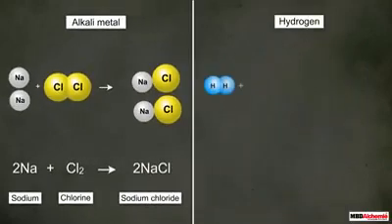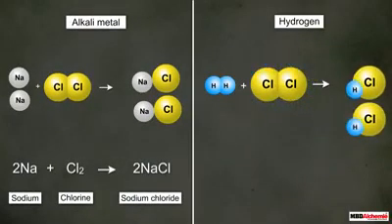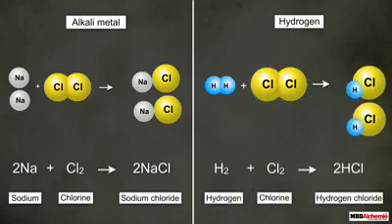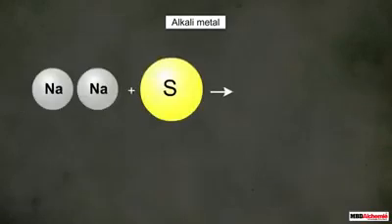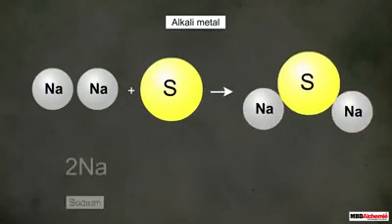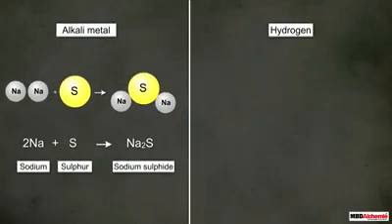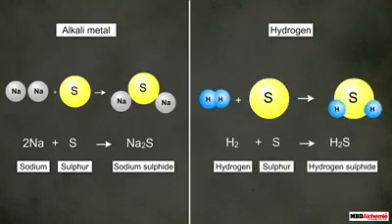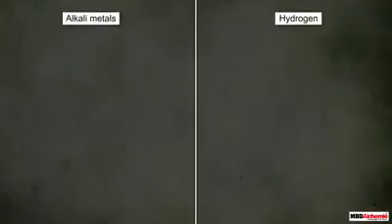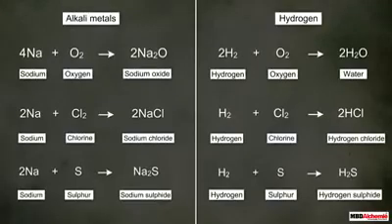Also, hydrogen combines with chlorine to form hydrogen chloride, that is hydrochloric acid. In a similar manner, with sulfur, an alkali metal forms its sulfide and hydrogen forms hydrogen sulfide. So, hydrogen shows a lot of similarities with alkali metals in its chemical properties.